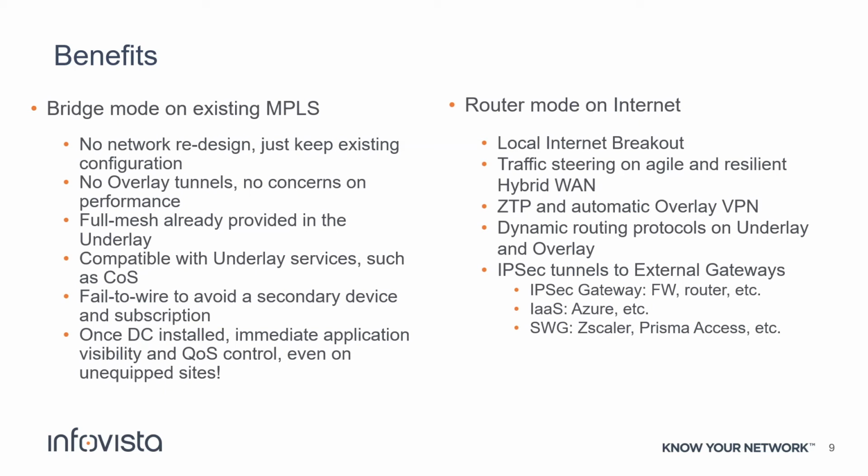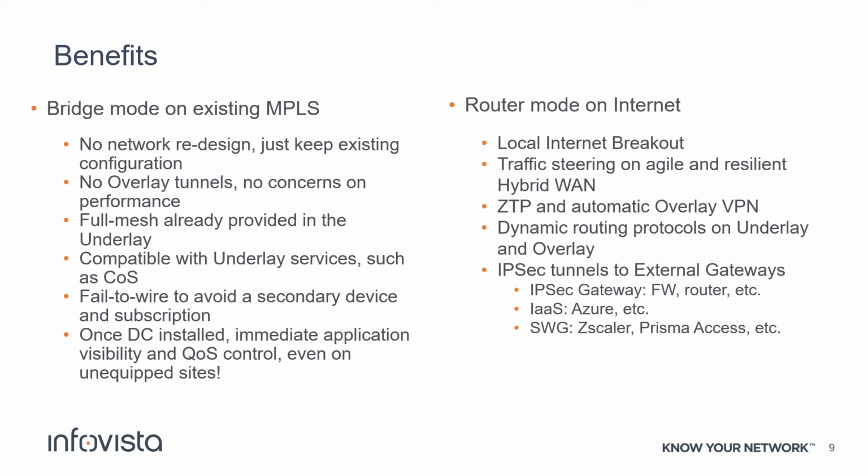Also, you can benefit from the full mesh that is already provided in your underlay. Being layer 2 transparent means that you are also compatible with the underlay services, including your operator's class of service. Another advantage of the bridge mode is that it can enable the fail-to-wire or the bypass feature to avoid adding a second device and consuming a secondary subscription.